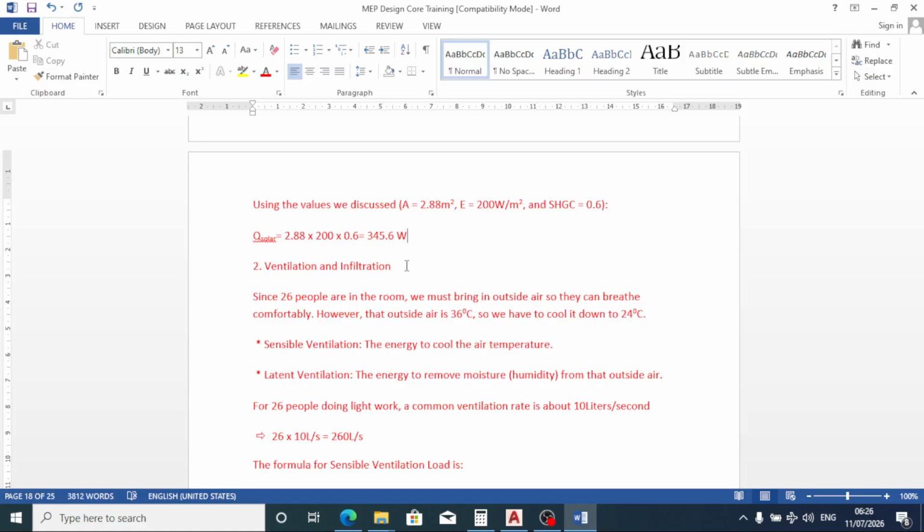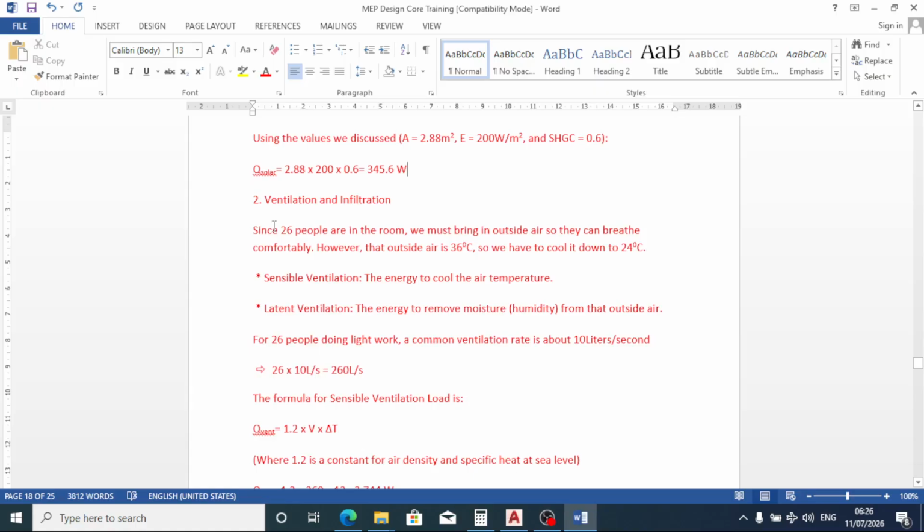So that is infiltration. They go hand in hand, meaning fresh air coming into the space. That fresh air will of course come in hot, carrying the outside temperature with it. So it's left for the air conditioning system to work on it, and that is why we are considering this aspect.